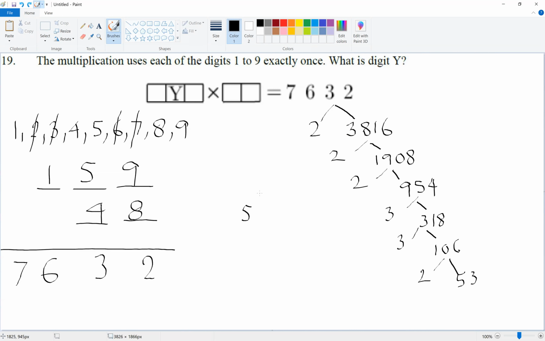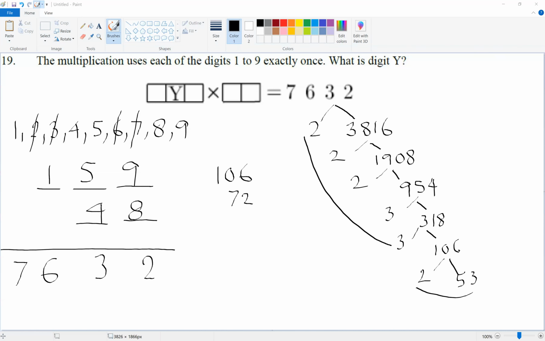So then what you could do is combine these two and get 106. Combine this number, which is 8 times 9, which is 72. Okay. So 106 times 72.